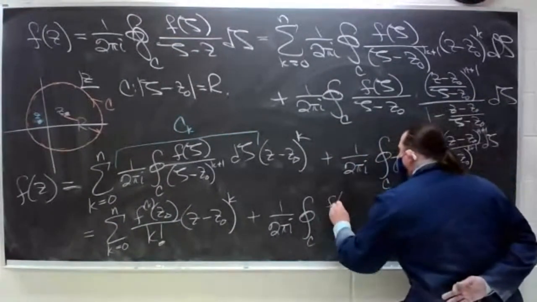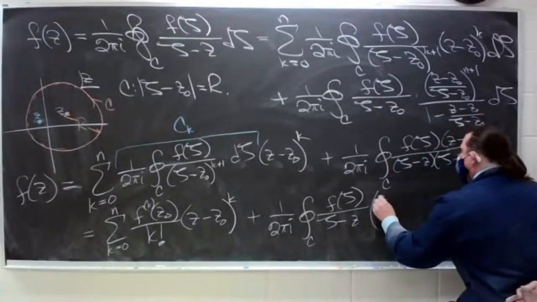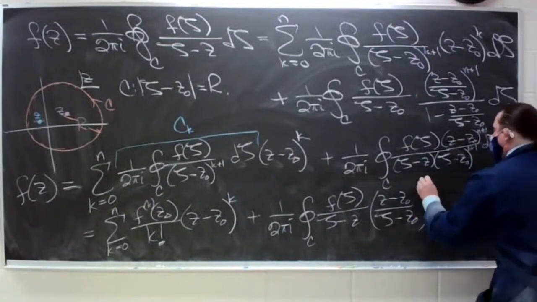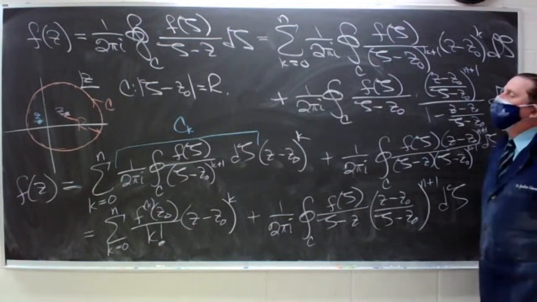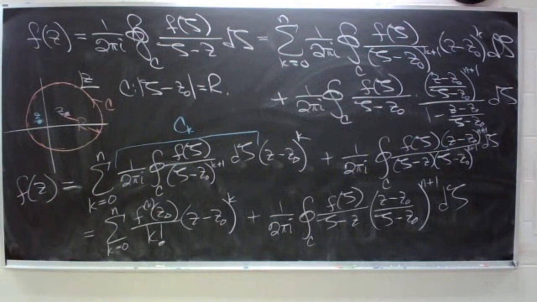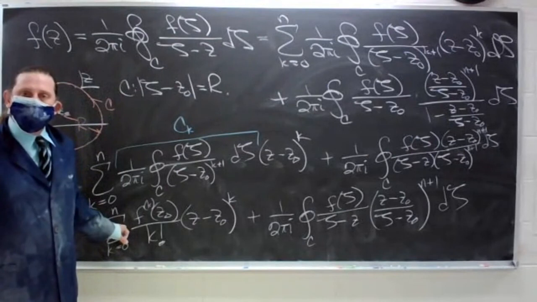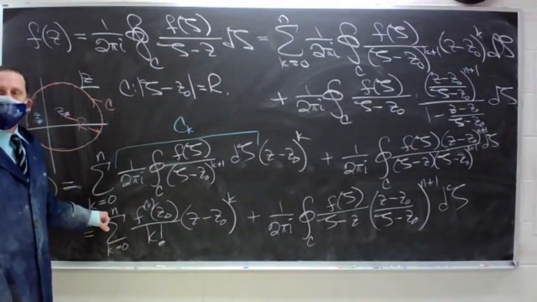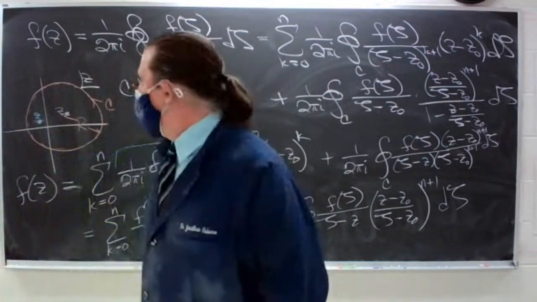And it's going to be just like that. So this gives us an exact expression for f of z as a finite Taylor series truncated at n plus an error piece.